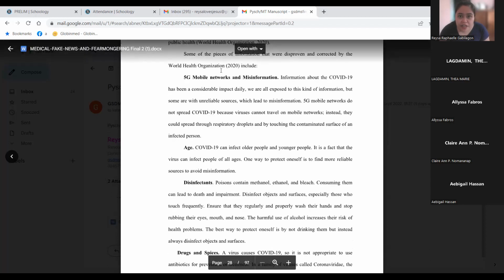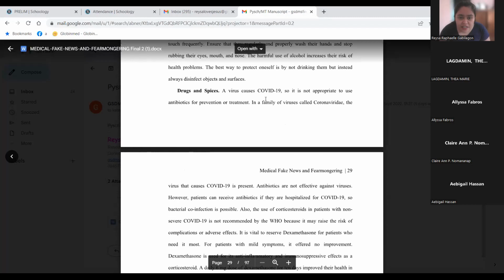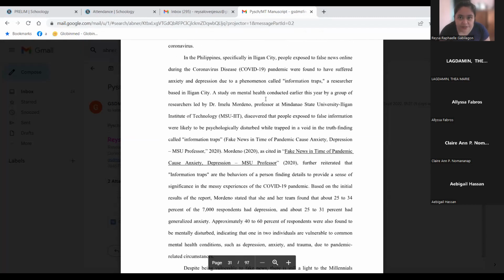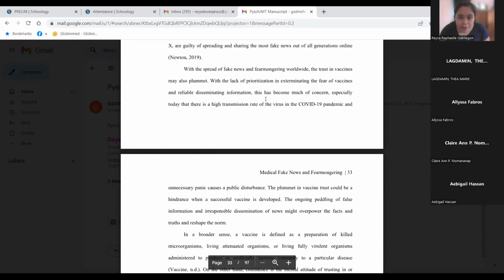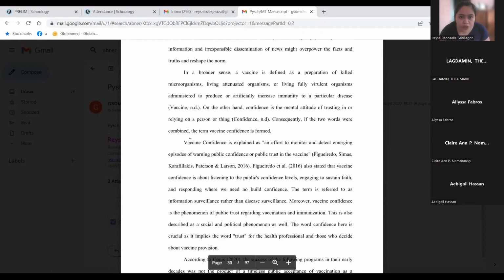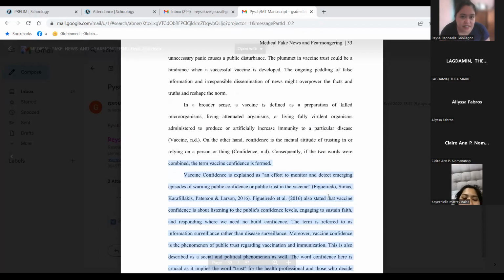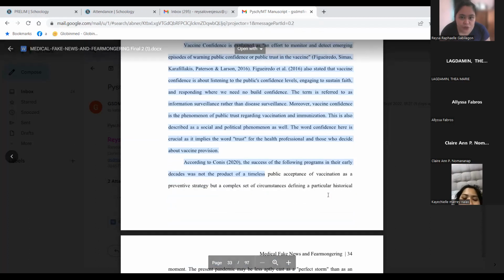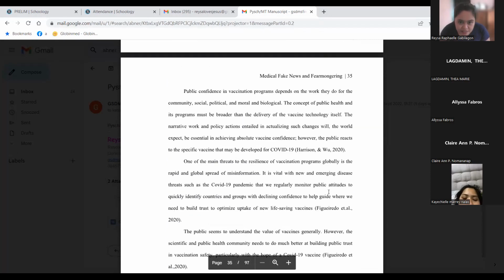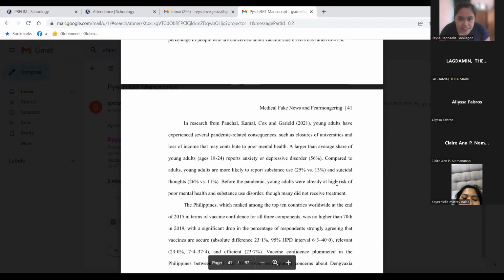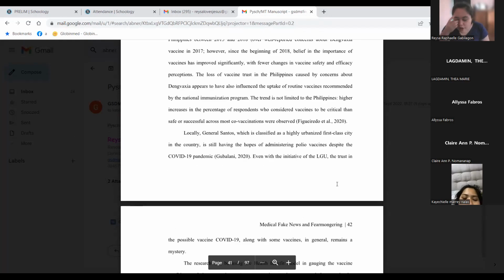Actually, they identified it here: fake news and fear-mongering. And below, since this is in chronological order, they discussed vaccine confidence next. It's quite long, but they just arranged it in chronological order.